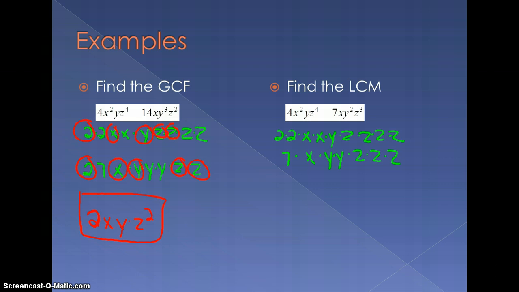let's start with the variables. I have x and x and x, and we're looking for multiples. x cannot be a multiple of 2 x's, so we have to take both x's there, so we'll end up with x squared. Same thing goes with y.